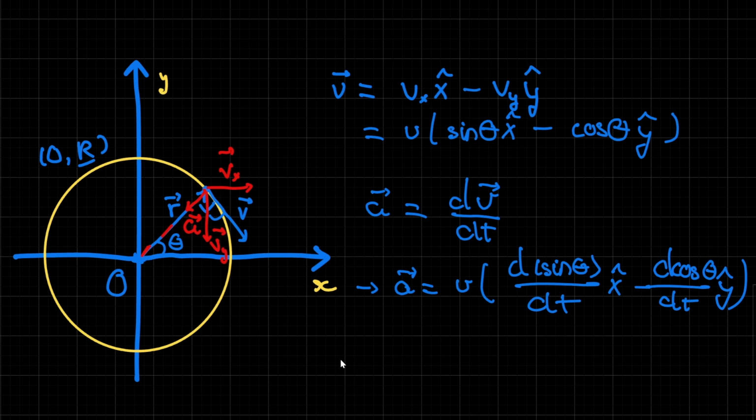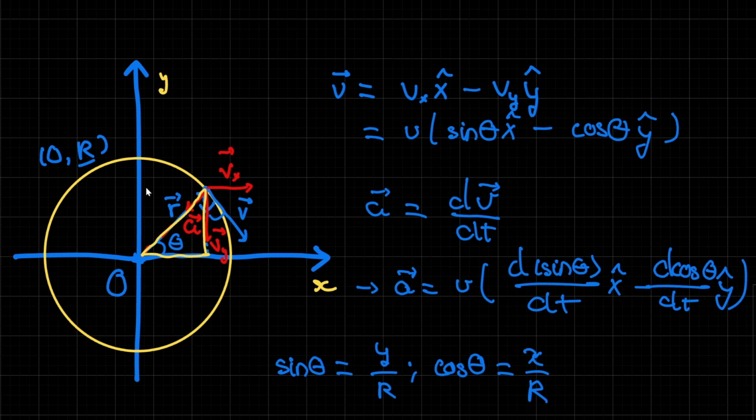Again, let's look at this triangle. We have sine theta equals y over r, right? And cosine theta equals x over r, right?